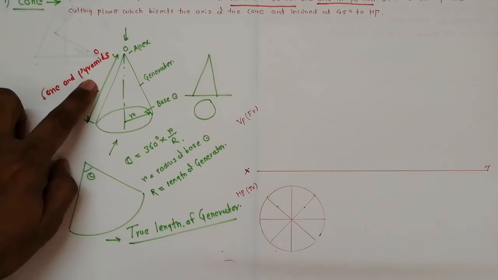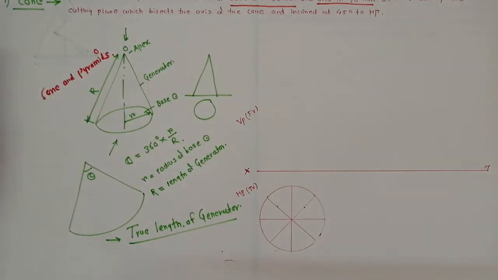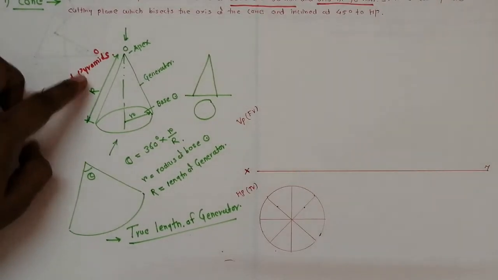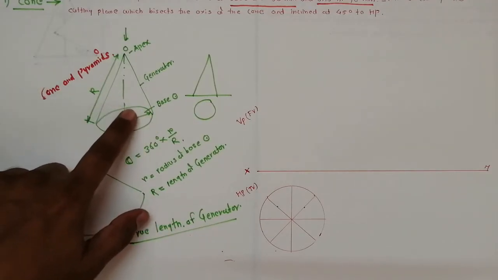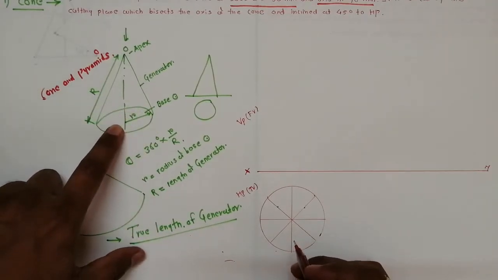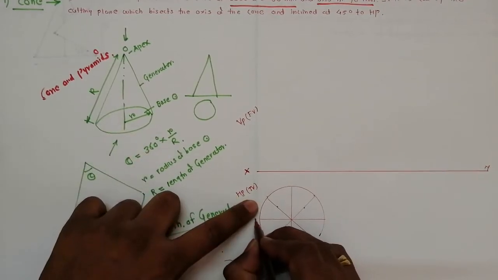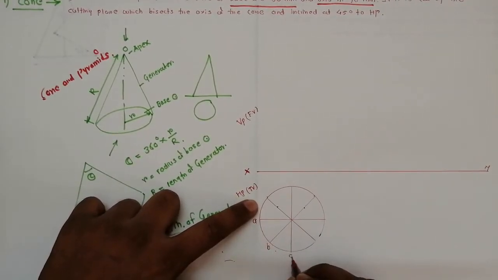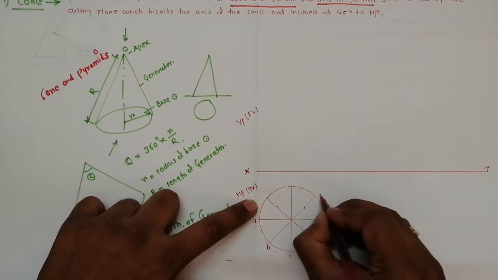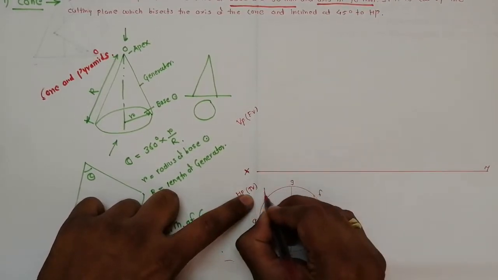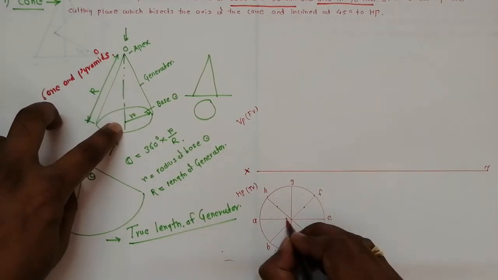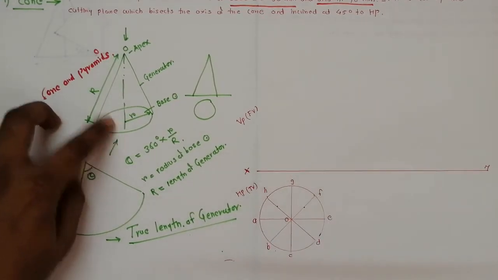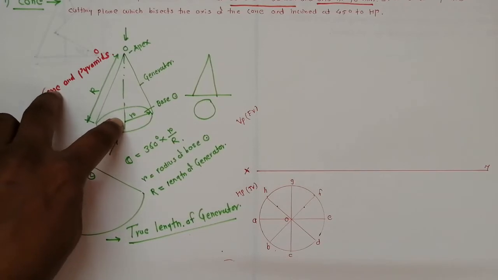Now to name this one: this is A, this is B, C, D, E, F, here this is G and H. Now this O point in the top view comes at the center, so this point is our O point. This O point goes to the center of the circle in the top view.